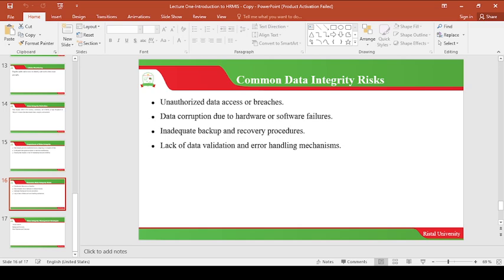Is it good to keep things which are forged, fake things? It's not good to keep fake things. So it means that the integrity of the organization is lost. You cannot be having a fake document in your database. So these are some of the common data integrity risks we can experience in the organization.